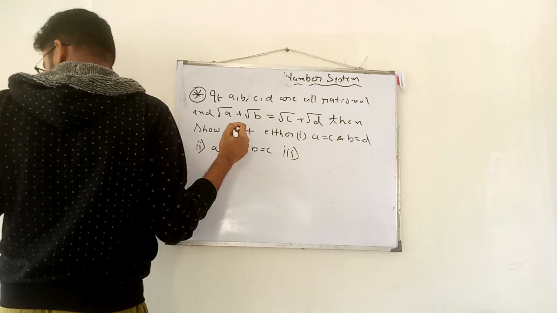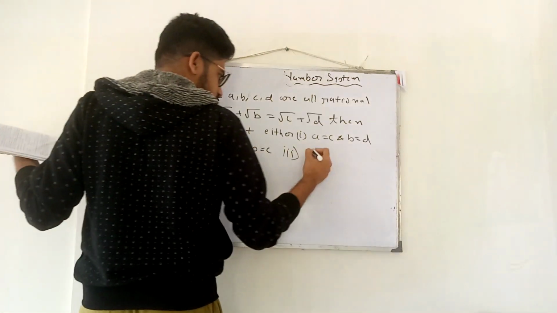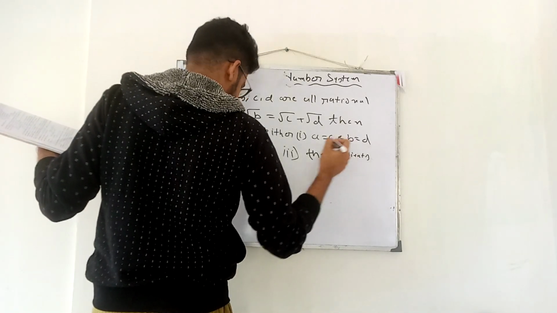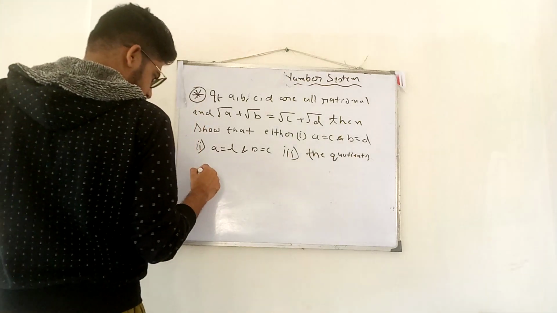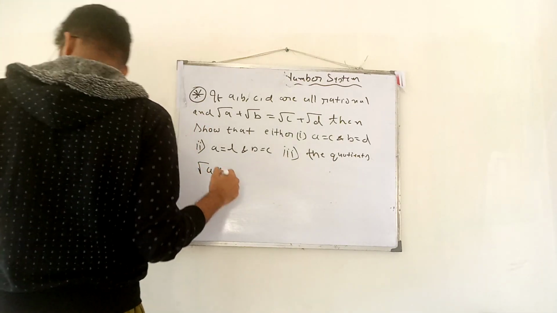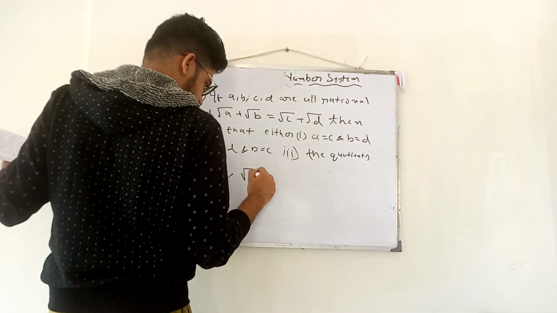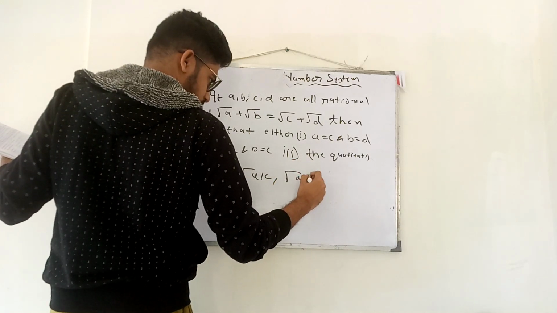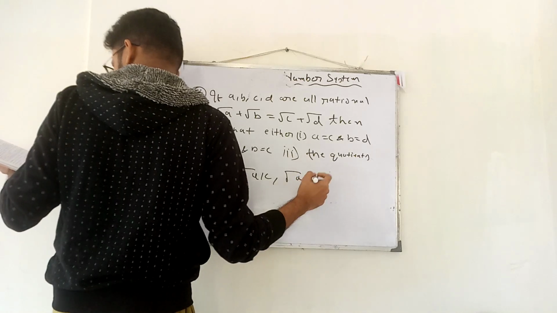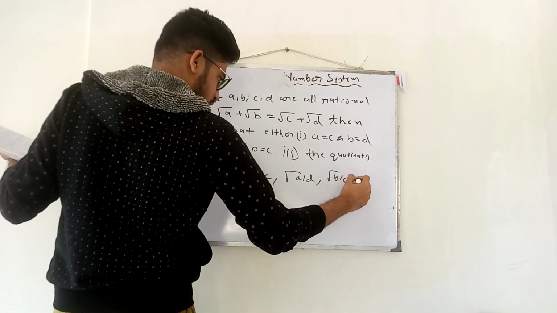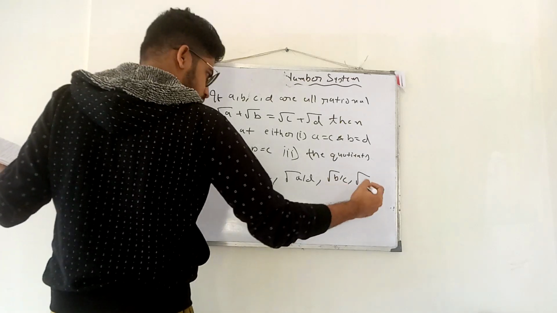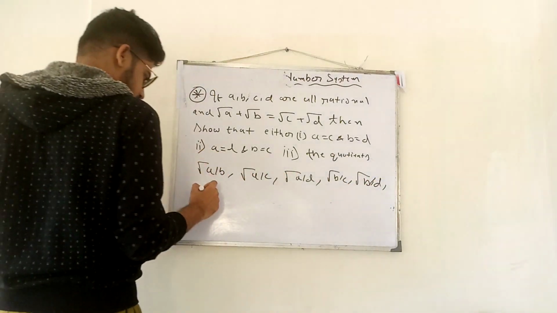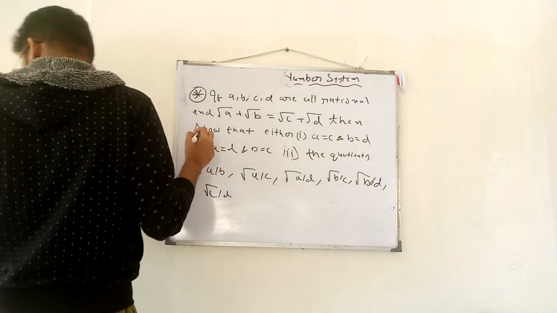The quotients root A by root B, root B by root C, root B by root D, then root C by root D are all rational.